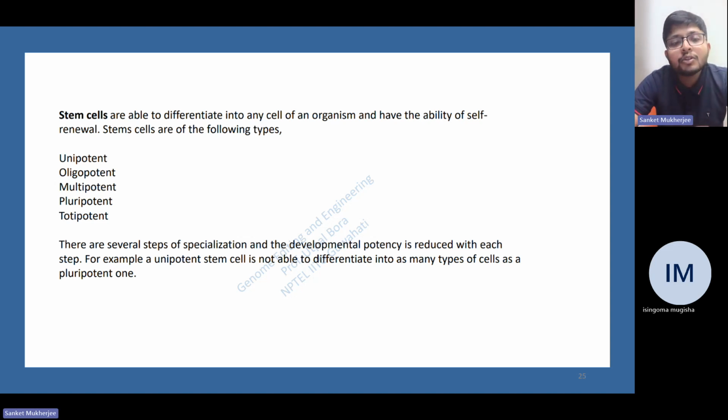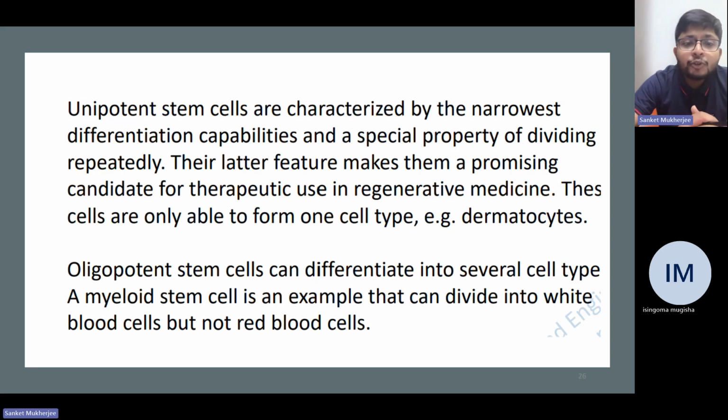That's the idea. There are several steps of specialization, or rather differentiation, and the developmental potency is reduced with each step. For example, a unipotent stem cell is not able to differentiate into as many cell types as a pluripotent one. Unipotent stem cells are characterized by the narrowest differentiation capability and a special property of dividing repeatedly.